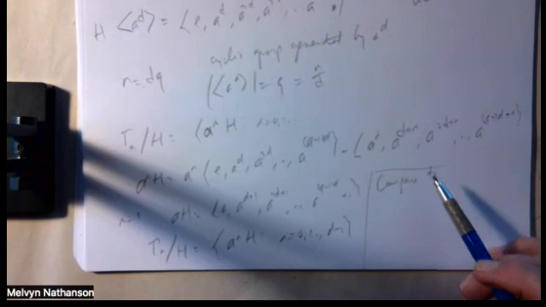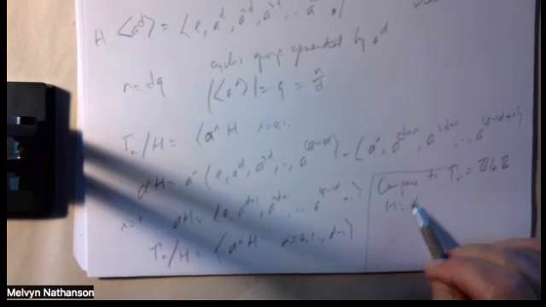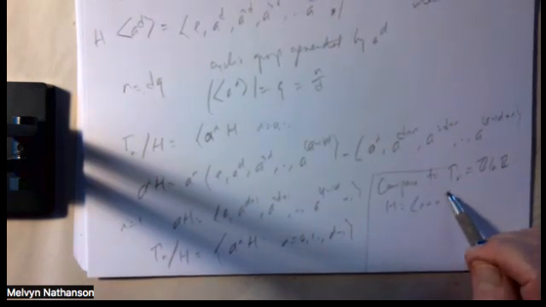And if you examine this example and compare it to the integers, gamma N is like the integers mod N, and H is like the subgroup generated by D plus NZ.